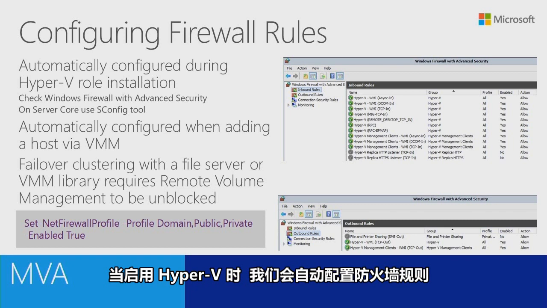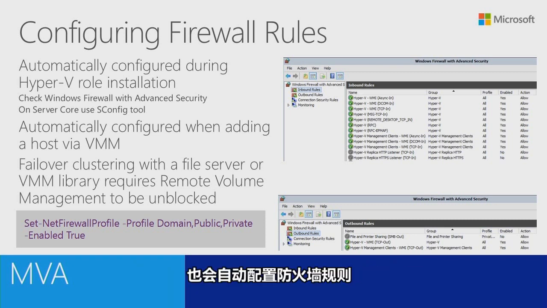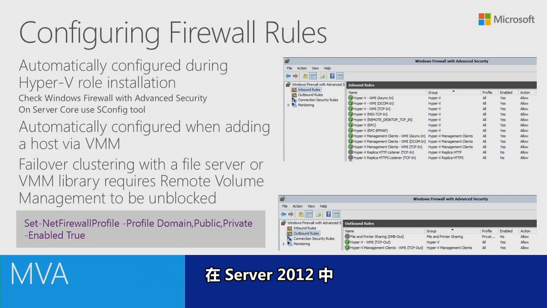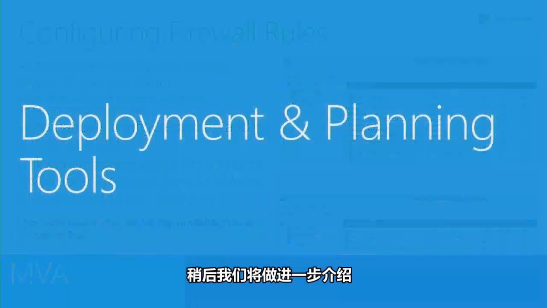We automatically configure the firewall rule. It's also automatically configured when you're adding a host via Virtual Machine Manager. You can also see down here in the gray box in the purple lettering, there's the PowerShell commands for configuring firewall. And super important to Server 2012 is automation and configuration through PowerShell. We'll talk to that a little bit later.